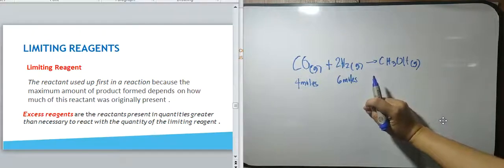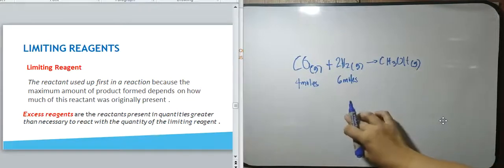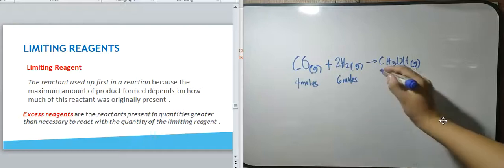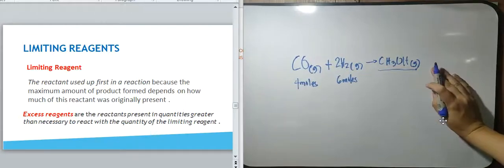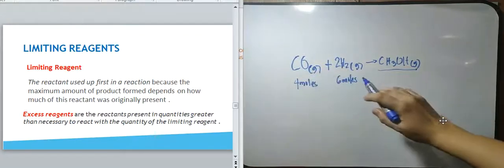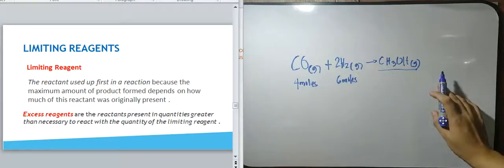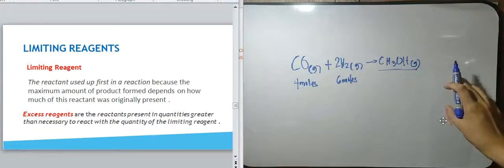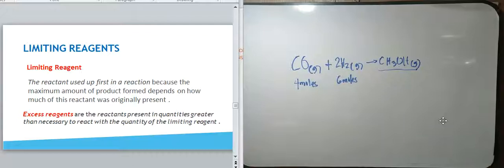One way to determine which of two reactants is the limiting reagent is to calculate the number of moles of methanol obtained based on the initial quantities of carbon monoxide and hydrogen. From the preceding definition, we see that the limiting reagent will yield the smaller amount of the product.